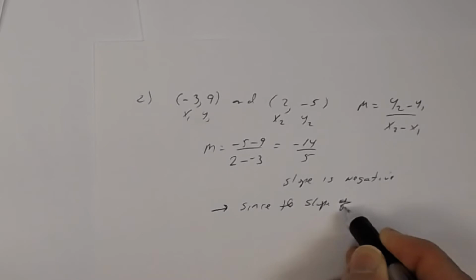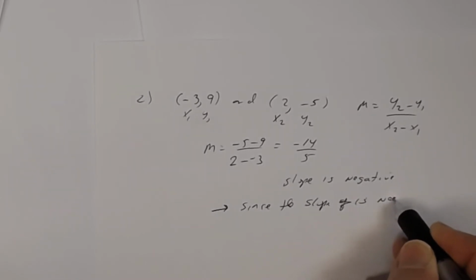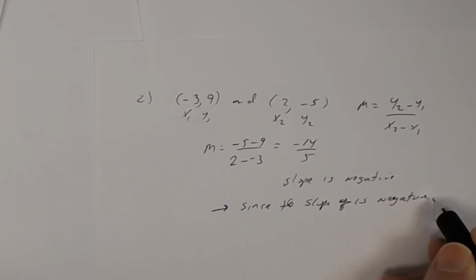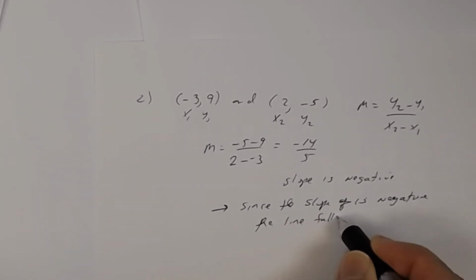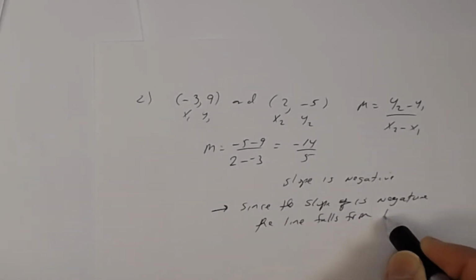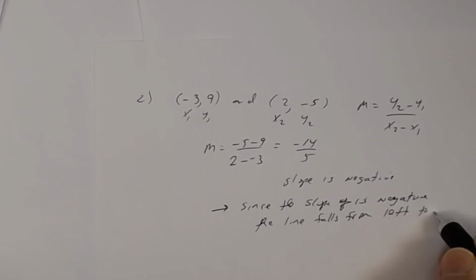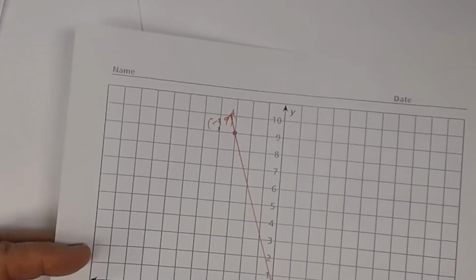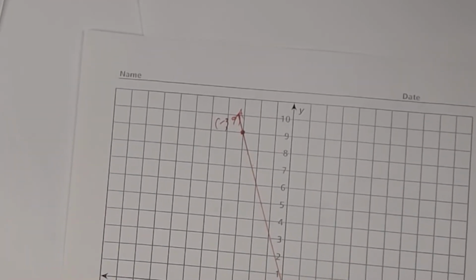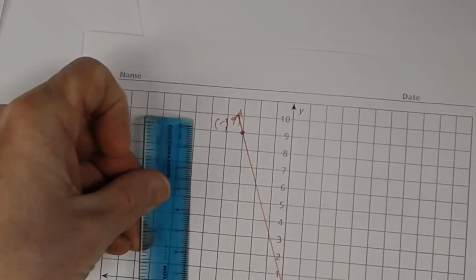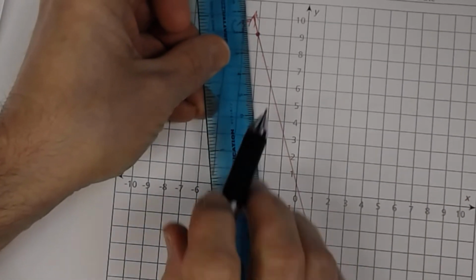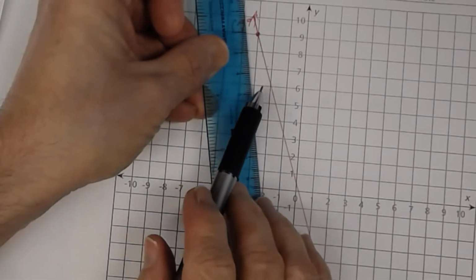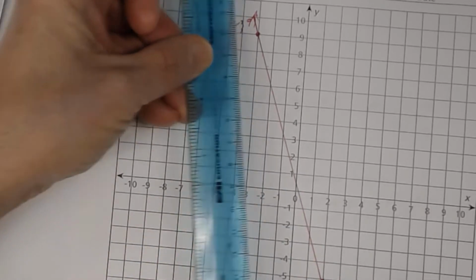Since the slope is negative, the line falls from left to right, which means that these y coordinates are decreasing.